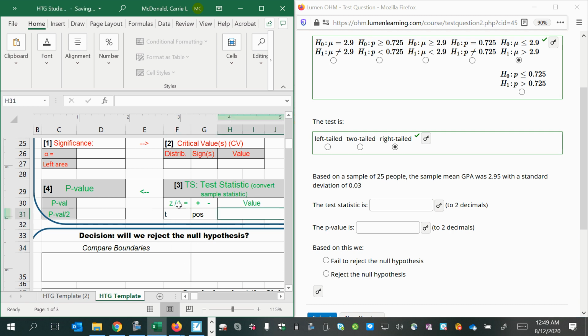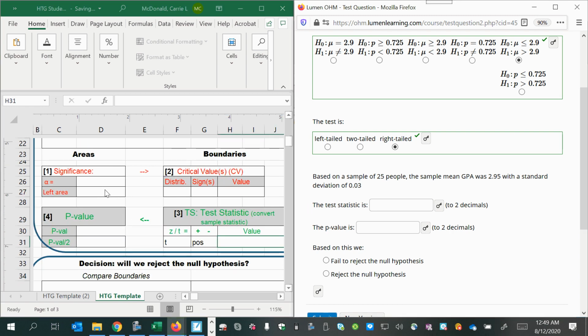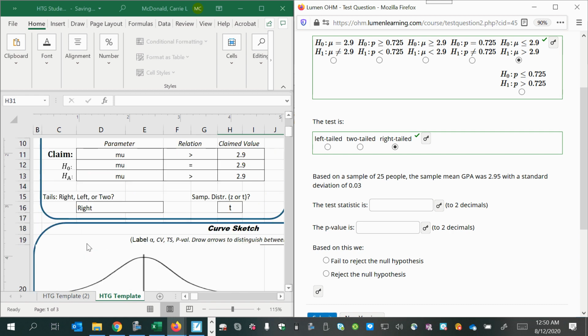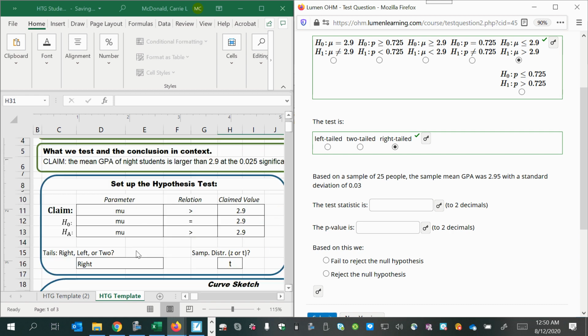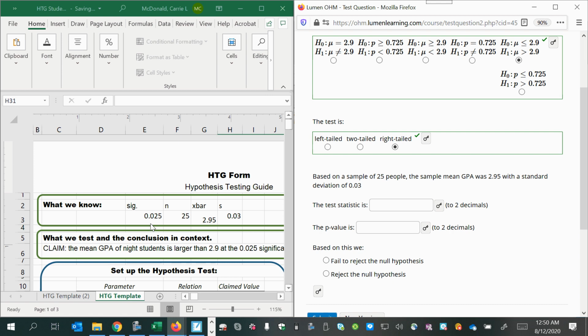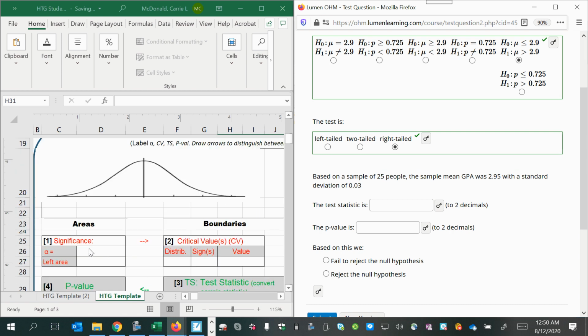I don't normally jump right to the test statistic, I was just led that way because of the problem. I'm going to do my critical region first because I already have some information I can use. So my significance level of 0.025 is going to go right here.